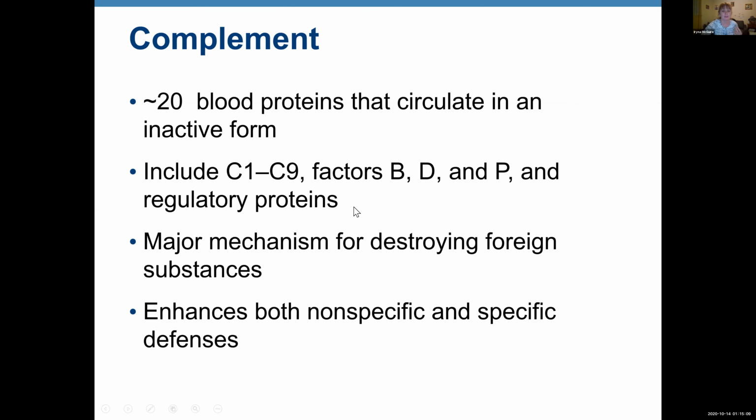Now, when you have an infection, this complement will be activated. And when those proteins are activated, they actually form a special complex, and it can destroy bacteria. We will look at it in more detail in a minute.